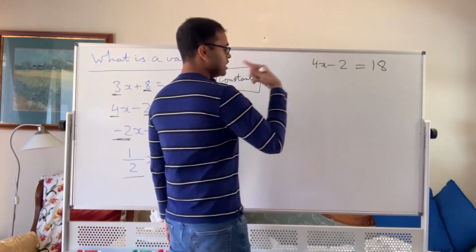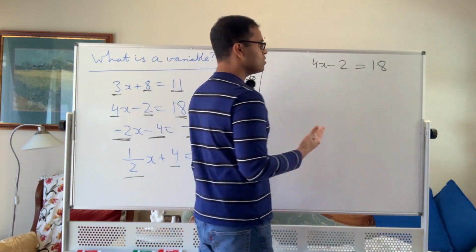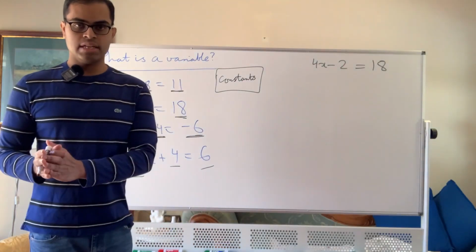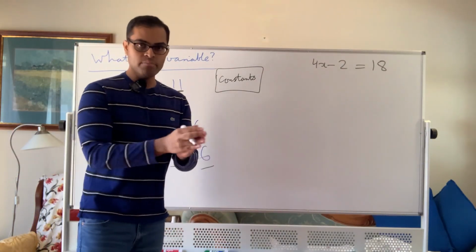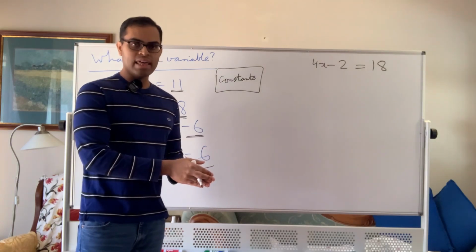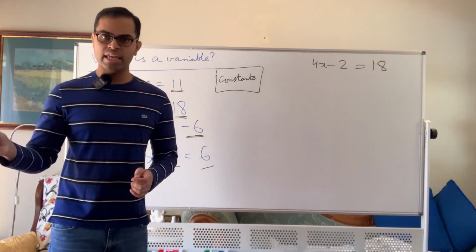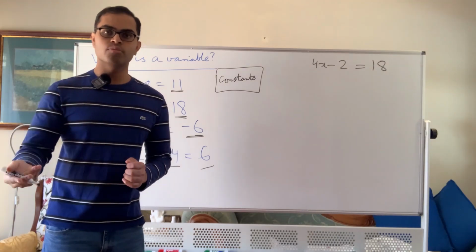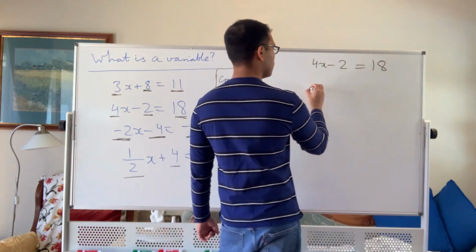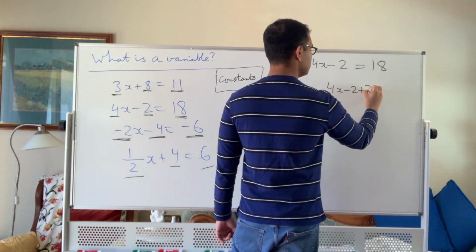So again, you think about it, 4x is 4 times something we don't know. Something minus 2 is 18, the something being 4x. That means that the something is 2 more than 18. To subtract 2 to get 18, your thing has to be 2 more than 18. So therefore, 4x is going to equal, and this is a process of adding 2 on both sides.